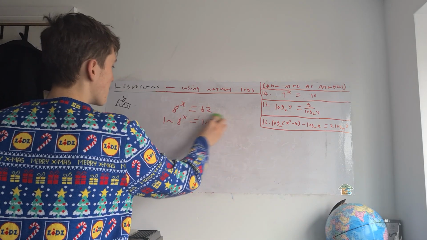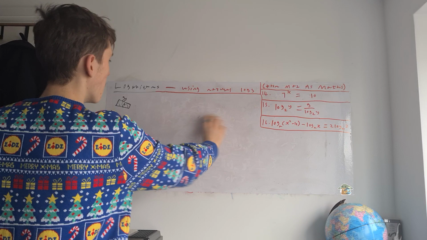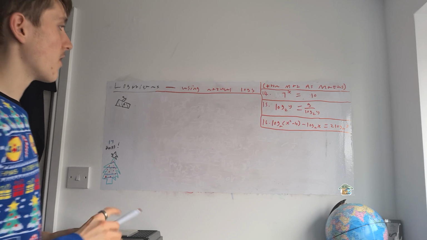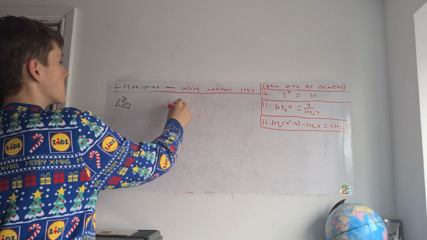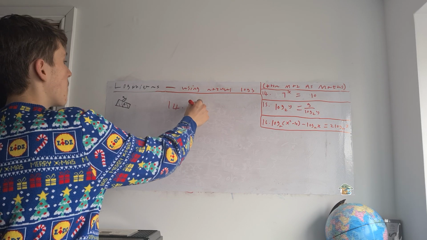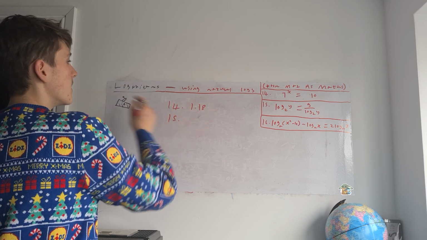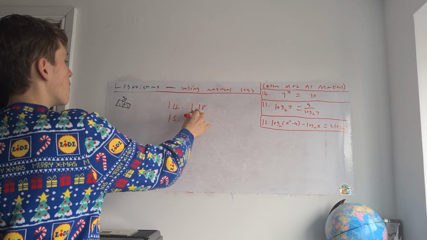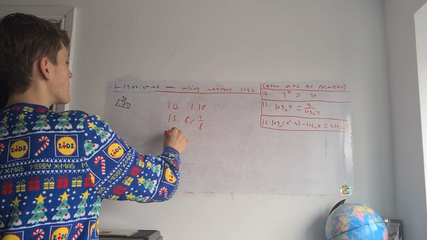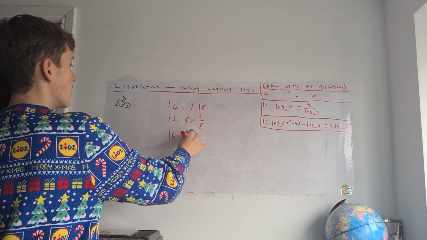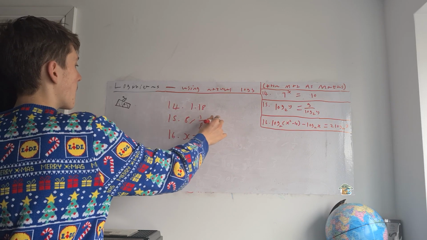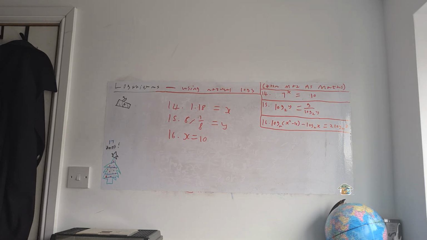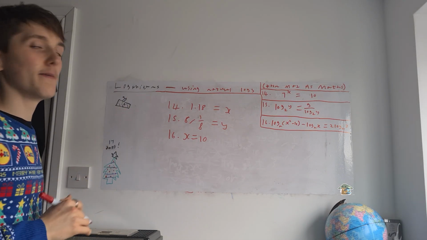For 14 we got 1.18, wasn't it? 1.18. For 15, I believe y was 1 over 8. And for 16, we got x equals 10. So those are the solutions to those three types of problems.